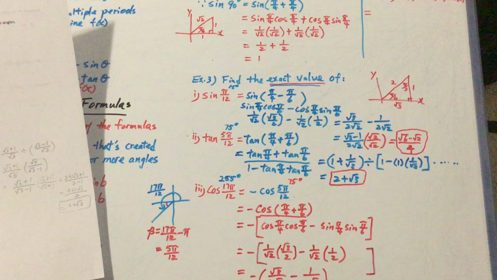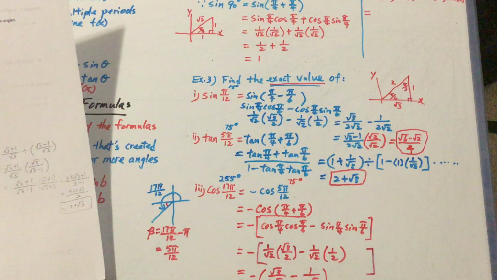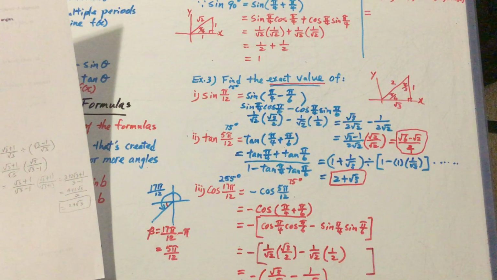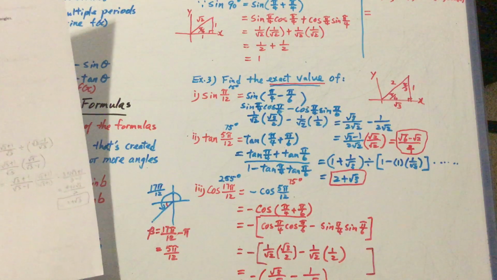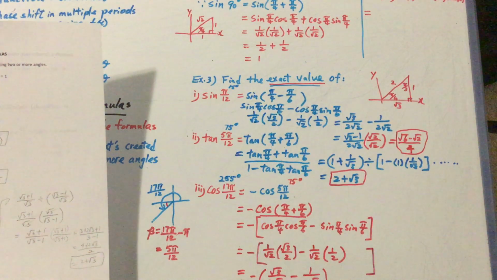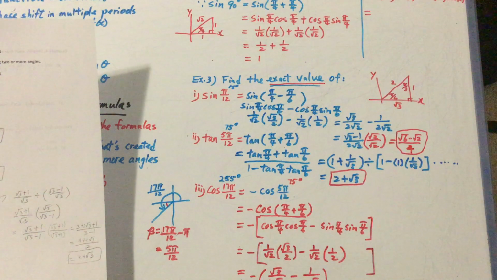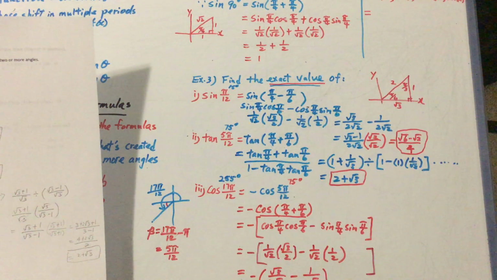Okay, since we have the same denominator, a common denominator, I have root 3 minus 1 over 2 root 2. But again, because I need to rationalize the denominator, I will multiply everything at the end by root 2 over root 2.